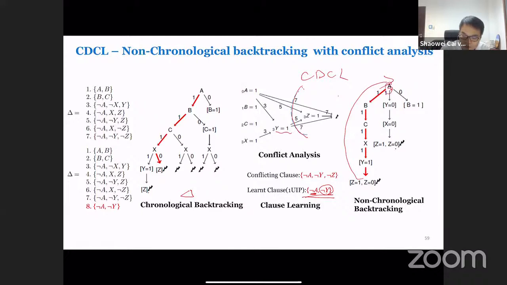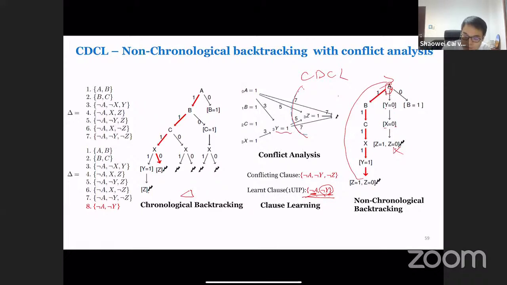Once A is assigned to 1, together with this learned clause, Y must be 0, X must be 0, and then this leads to a conflict: Z must be 0 and 1 at the same time. So the branch of A assigned to 1 can be cut.